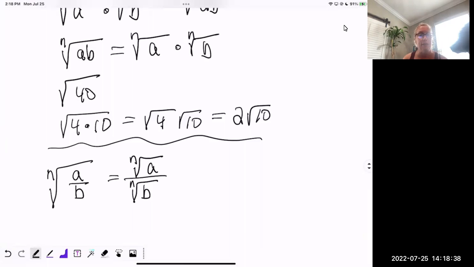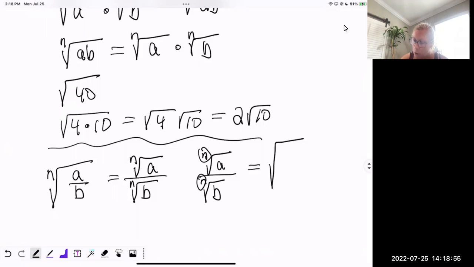The nth root of a divided by the nth root of b. Also, I can take a problem given to me that is already broken into pieces, and as long as the nth root is the same, meaning they're both cube roots, they're both square roots, I can rewrite it as one problem, a over b. They can go back and forth, and we're going to do that a lot today.